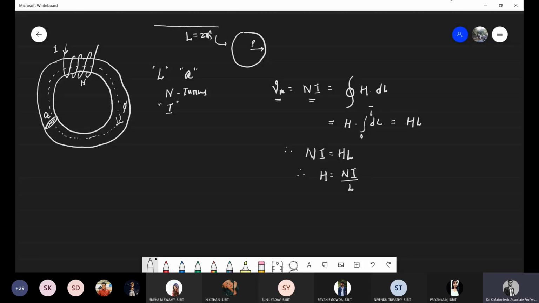And what is the unit? Ampere turns divided by meters. L is in meters and this is ampere turns. This is one equation of magnetic field, but we need to derive the reluctance equation.